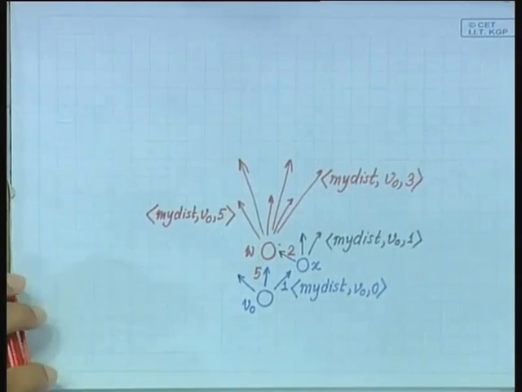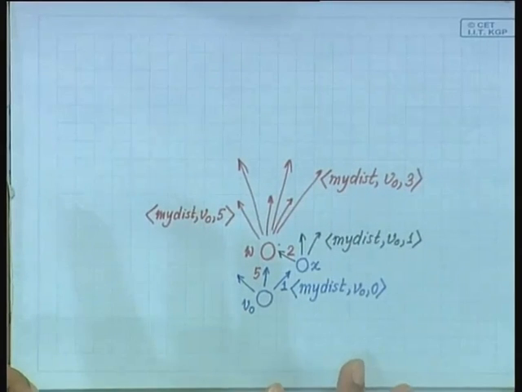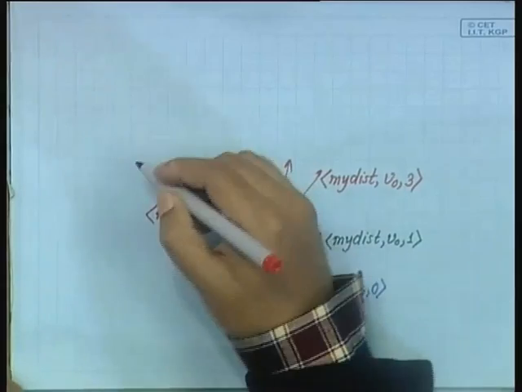Okay. Sir, if there is a node which is not connected to V0, say x was not connected to V0, would it still tell that my distance to V0 is 0, or what would it tell? No, if it is not a neighbor, then it will not get the message. If it is not a neighbor, it will not get a message, but it may not be an immediate neighbor.